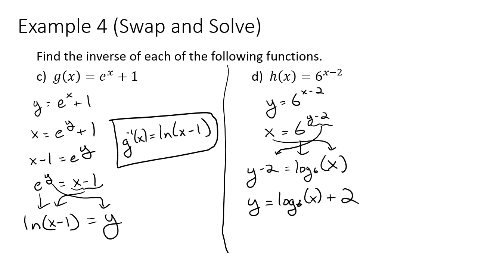And so we get y is equal to log base 6 of x plus 2, or h inverse of x is equal to log base 6 of x plus 2. And I can leave off the parentheses because it's just the x inside of the logarithm. Or you can leave the parentheses. Both are fine.